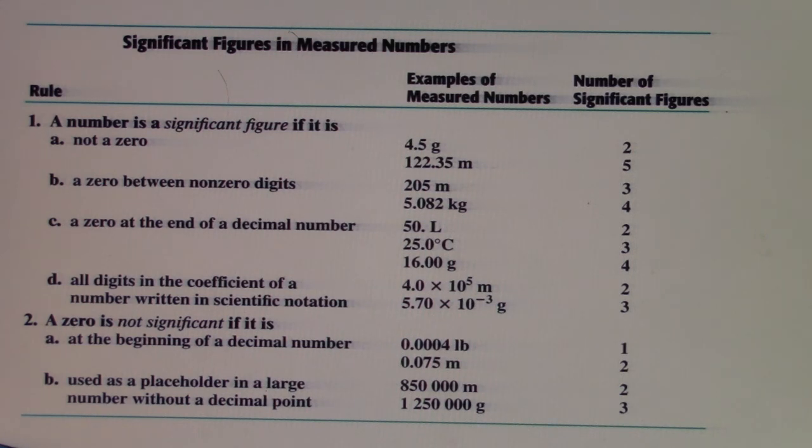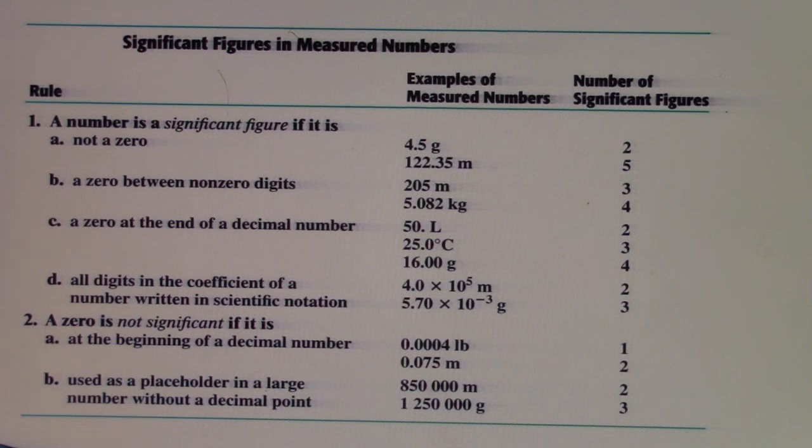For example, 4.5 has 2 significant digits. 122.35 meters has 5 significant digits. That rule is pretty easy. Rule B, a 0 between non-zero numbers is significant. So 205 meters has 3 significant digits. 5.082 has 4, because the zeros are in between.